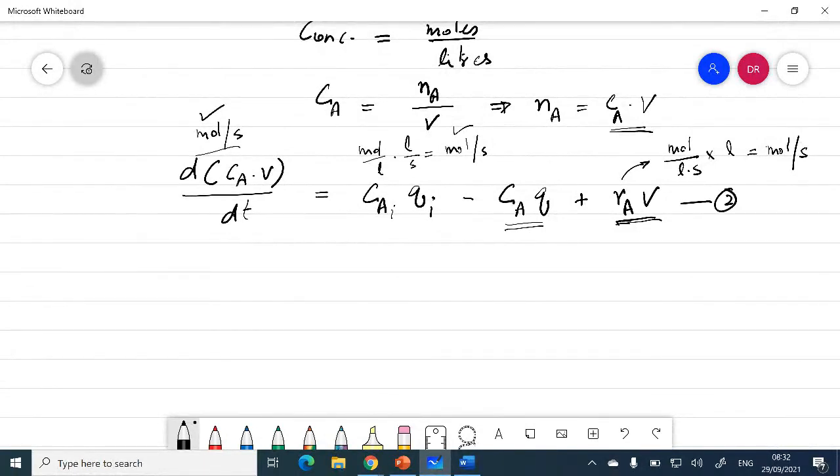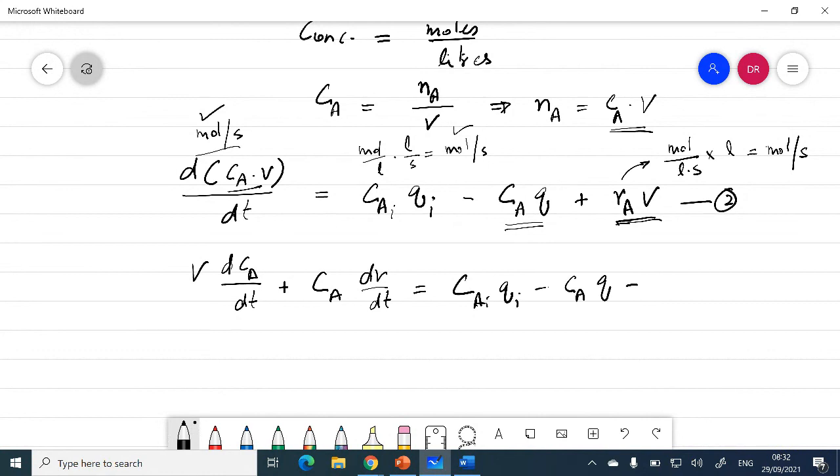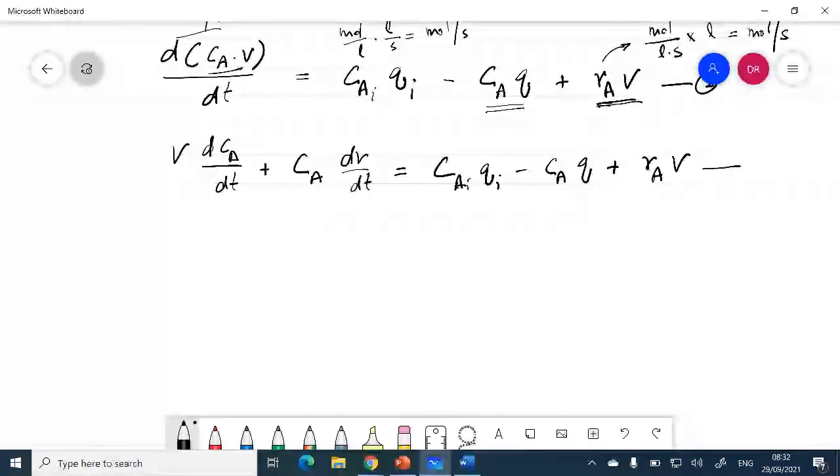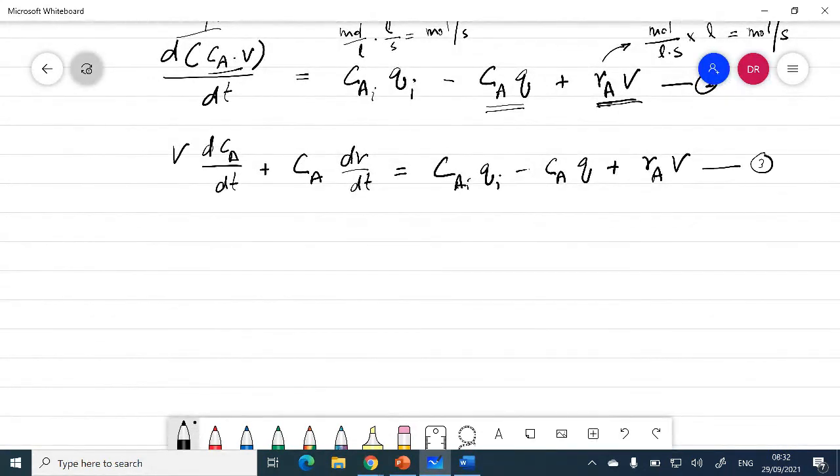So let's say this is my equation number 2. Here we have two variables, one is Ca and the other one is the volume. So with the help of the product rule of differentiation, we can write it as V dCA by dt plus Ca dV by dt is equal to CAI QI minus CA Q plus RA into V. Let's say this is equation number 3.